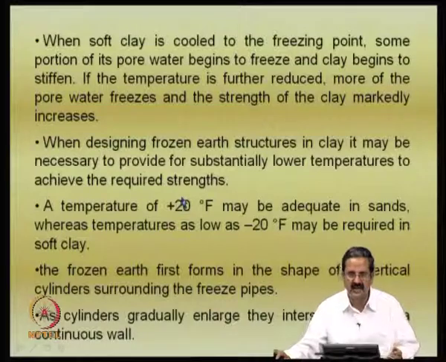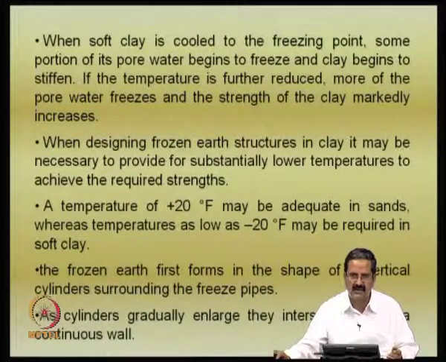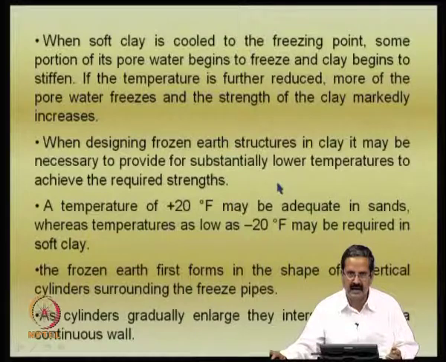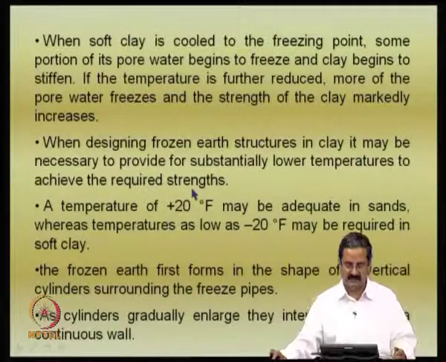The thing is that we know that the lower the temperature, the more the stiffening and strength. One should be really careful, because the temperature gradients should be properly understood. You should have an adequate margin of safety to see that you get the required strengths.